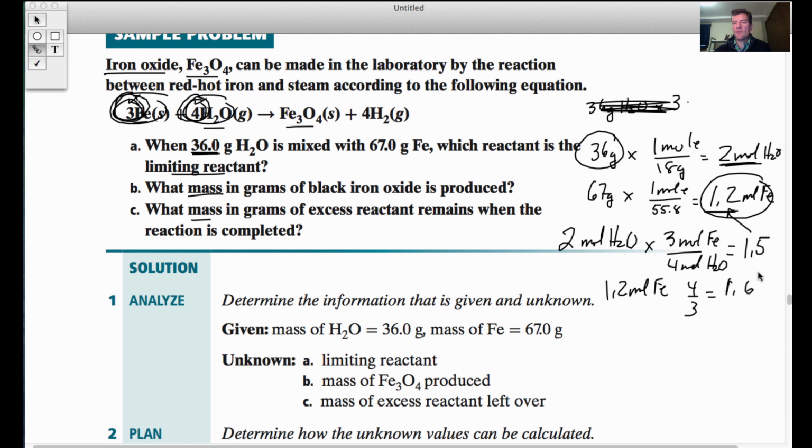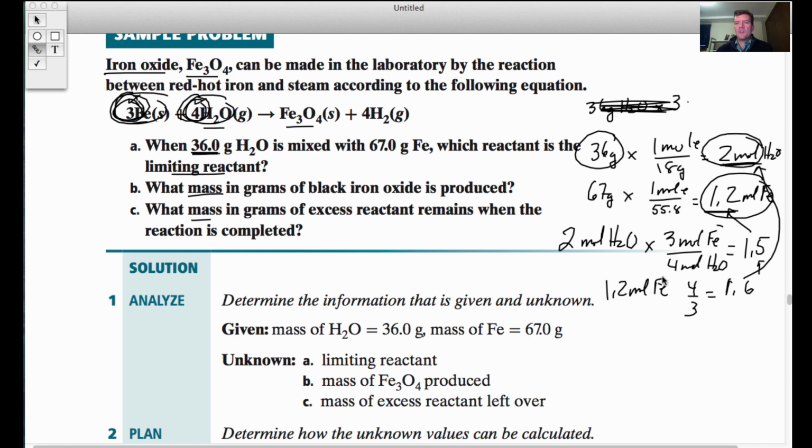Do I have 1.6? Yep, I have at least 1.6 of the water. I'm sorry, 1.6 of the water. Yep, I've got 2, so I'm okay.